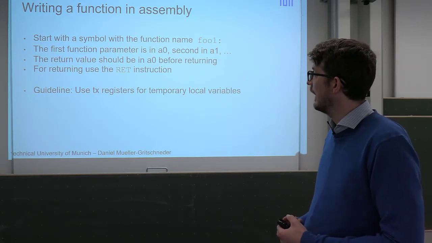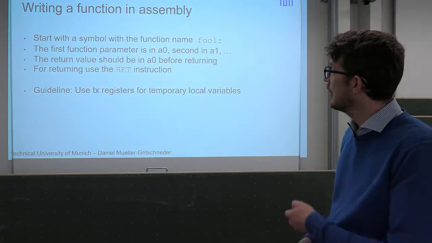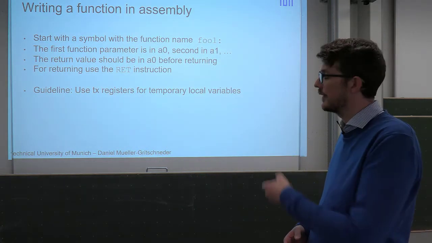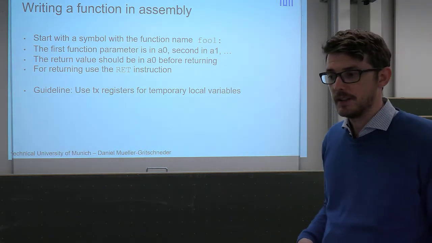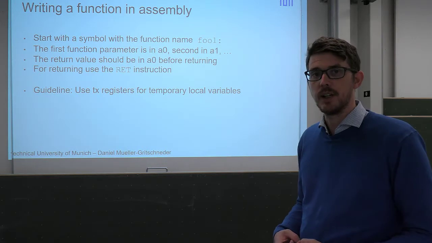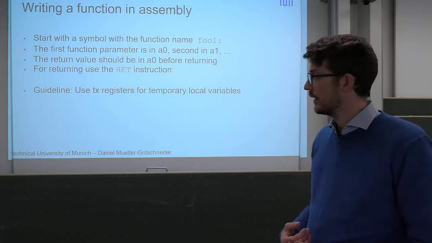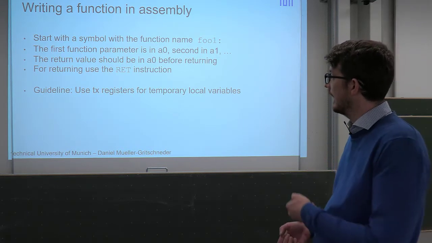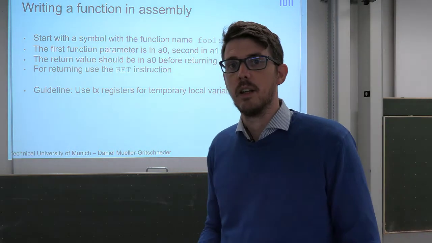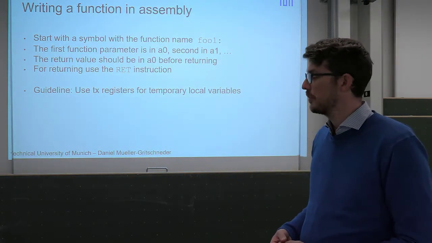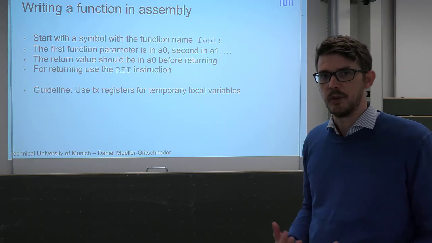If you want to return a value, you have to move this value to A0 before you do the function return, so that the function which called your function knows, aha, now I want to take the return value and I find it in register A0. Finally, for returning from your function, you take the ret instruction, which is basically jump register return address, as we've seen before.